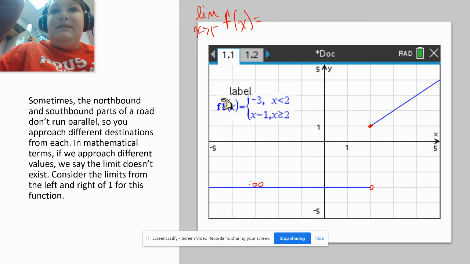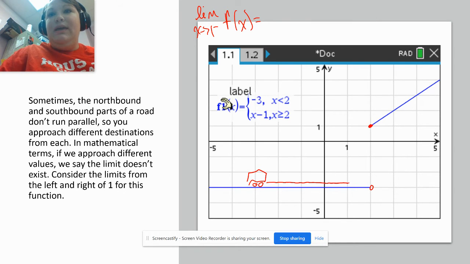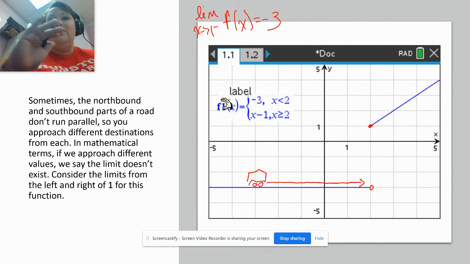So here she is, and she is driving towards 1. Her value never changes. The closer she gets to 1, nothing happens. She is at -3. So her limit is -3. No matter how close I take her to 1, that's all she's going to get to, -3.